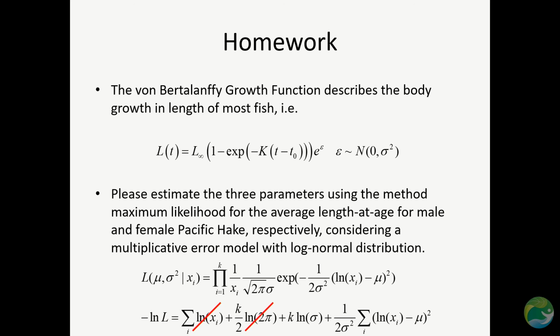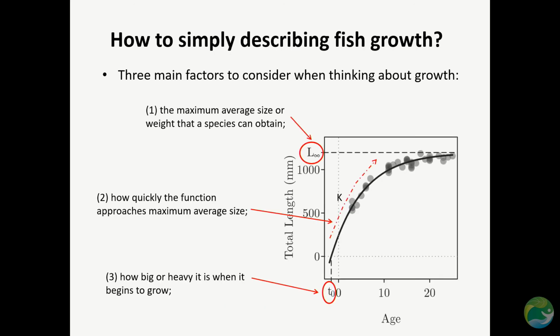It looks like this. L infinity defines the maximum size for the fish. T0 defines the initial point of this growth curve. K value defines how steep this growth curve is. Okay?